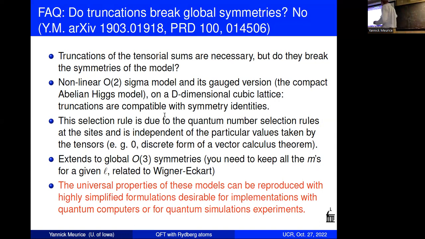If you do a truncation in L and m, you have to keep all the m that correspond to a given L. But if you do that, then you are also safe. The main thing that we learn is that by truncating, we preserve the symmetry, so we get a simplified model that has the symmetries of the original model. And in a universal sense, we hope that this truncation has the same continuum physics as the original.